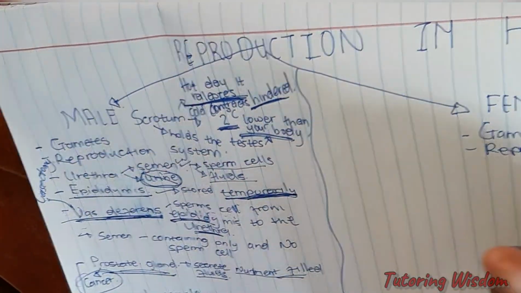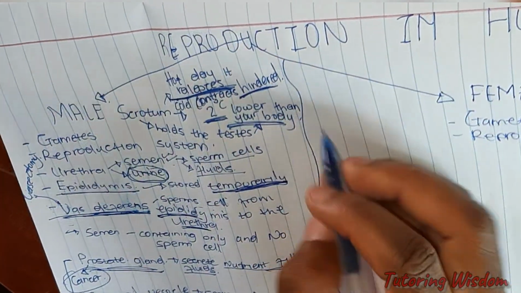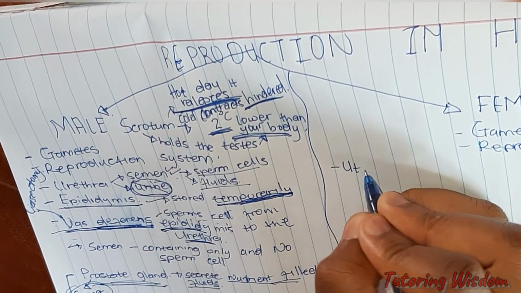So on the female's reproduction system, we have your uterus.